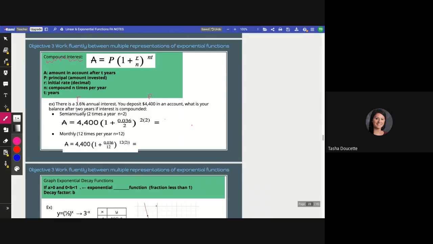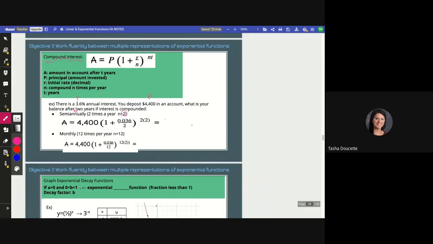So 2 years, that's your t. We just narrowed down the variables in this problem. Then we're going to look at the 2 ways in which we're compounding. First, it's semi-annually. That means it's 2 times a year, so your n is going to equal 2.